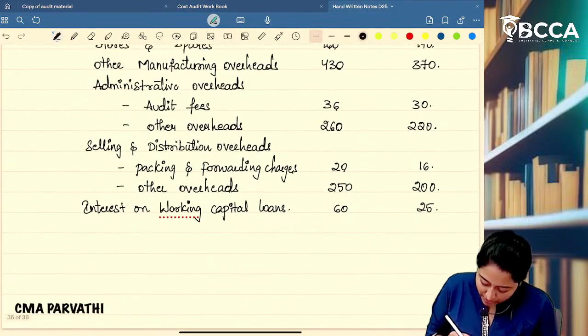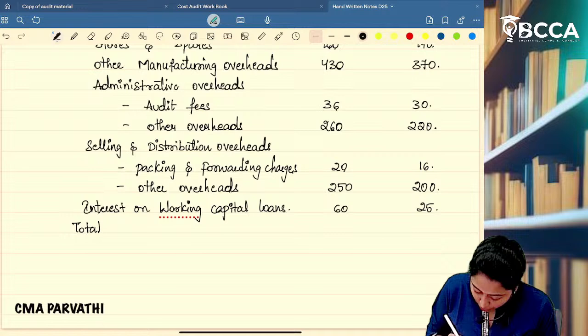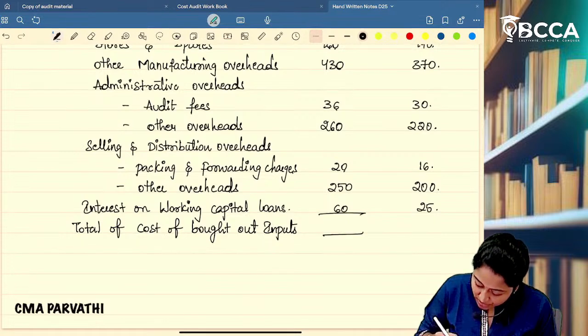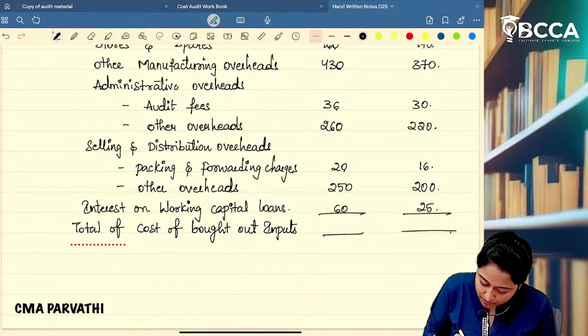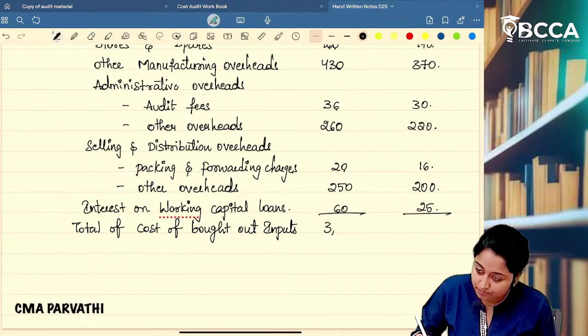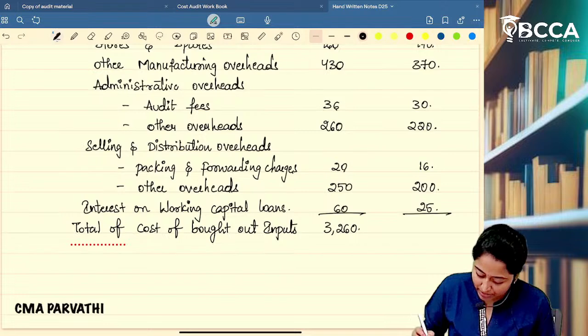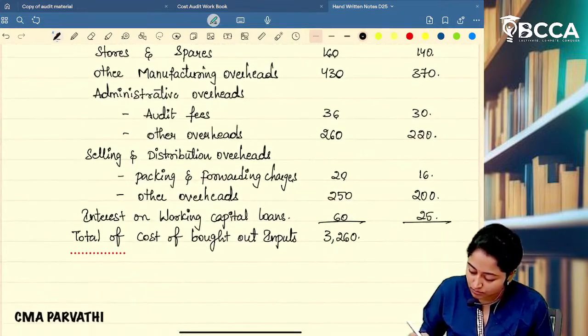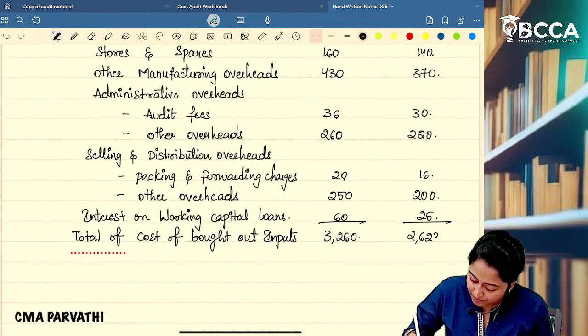Now, we'll do the total of cost of bought out inputs. How much is the total of cost of bought out inputs? 3,260. And for 2022? 2,623.